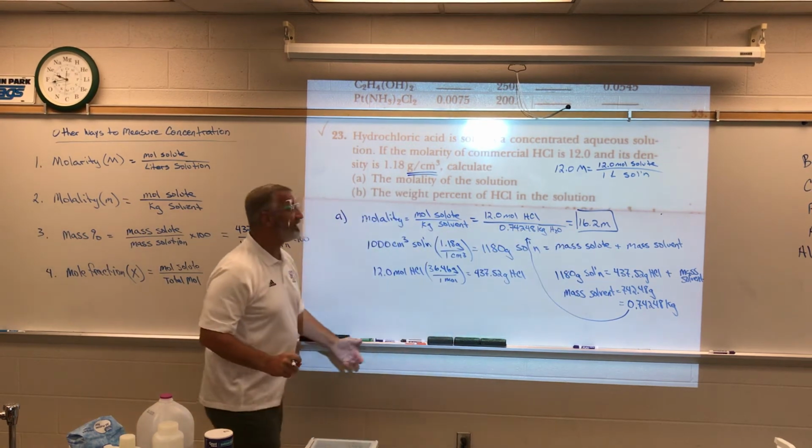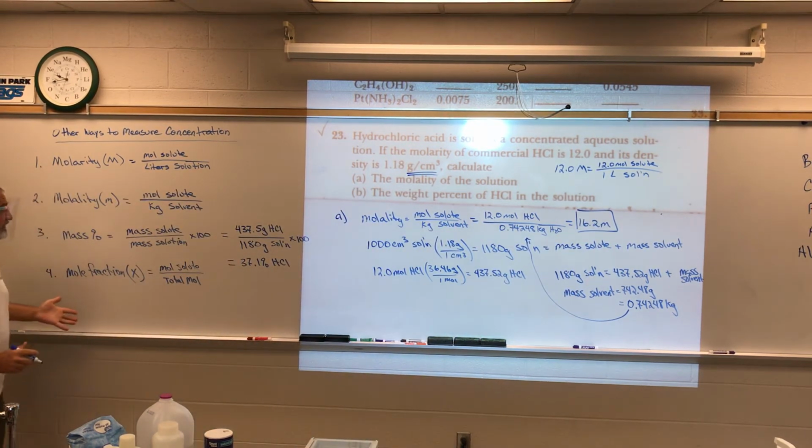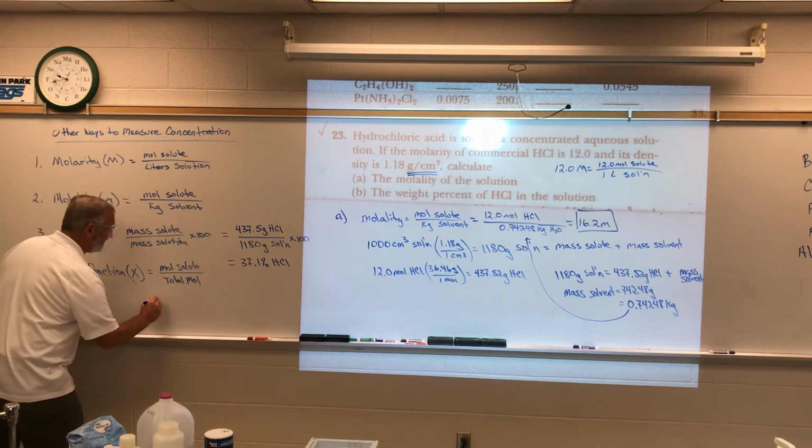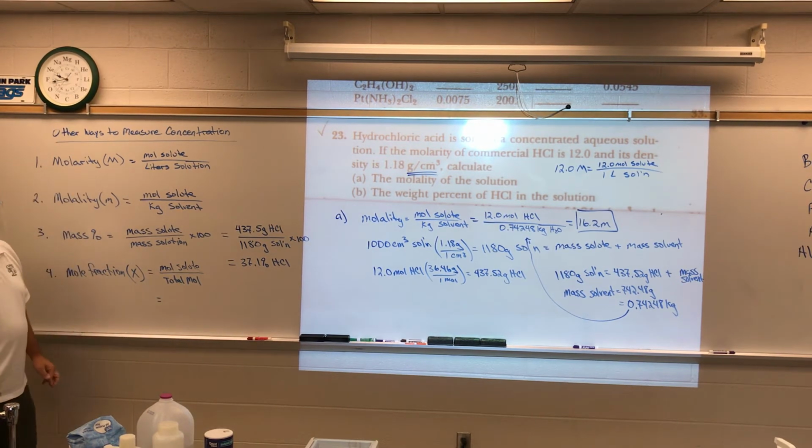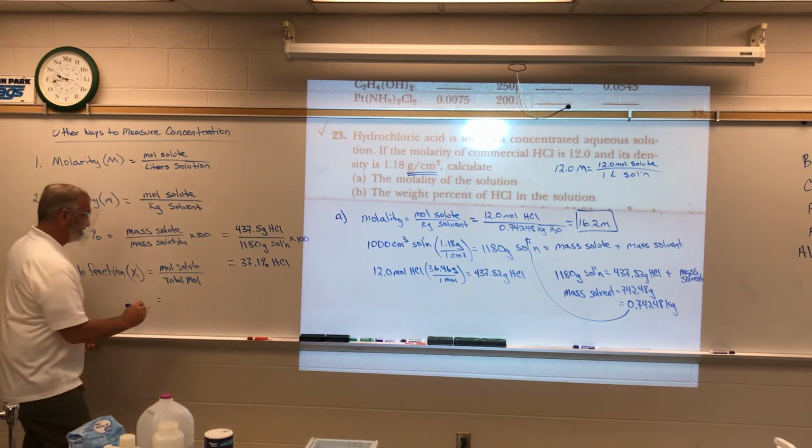Now, how could I find mole fraction? The question didn't ask for that, but if I wanted to do mole fraction, what would I have to find? Do I know how many moles of solute I have? 12.